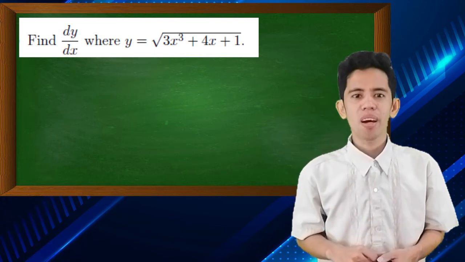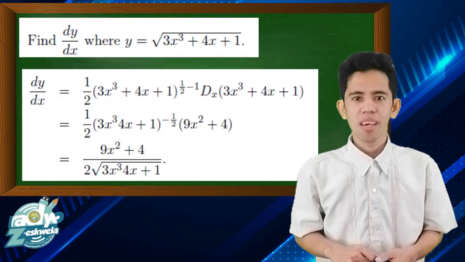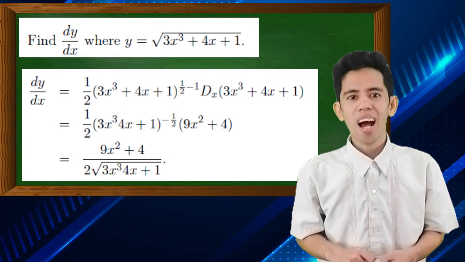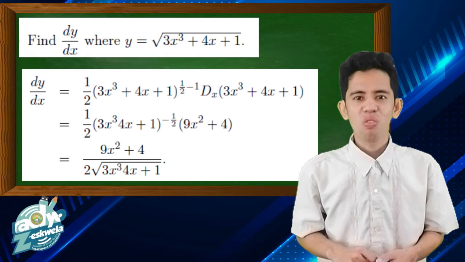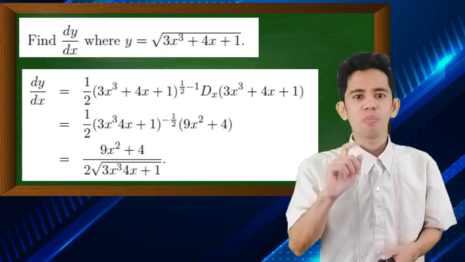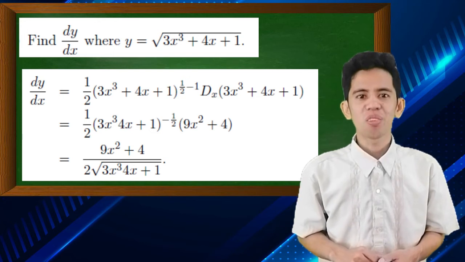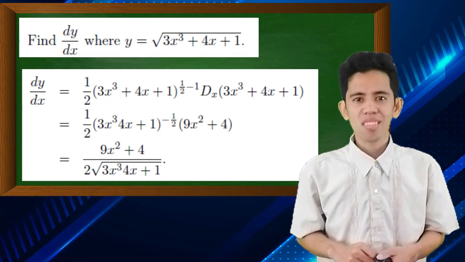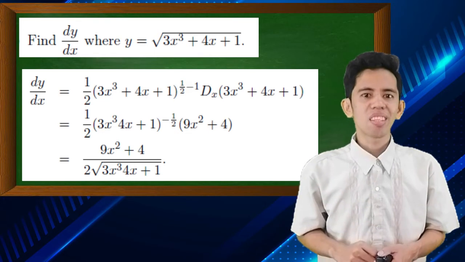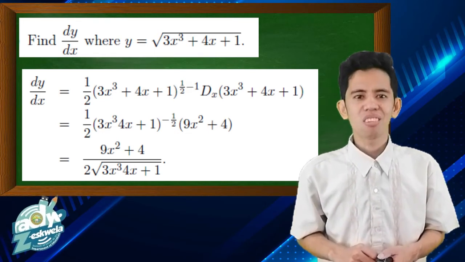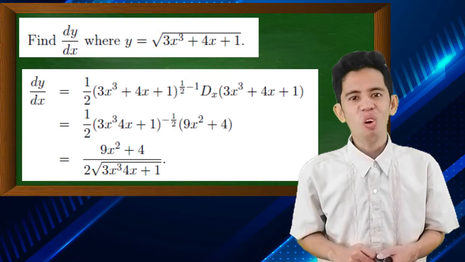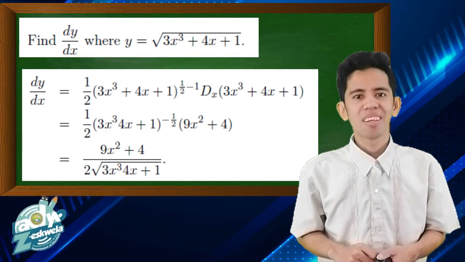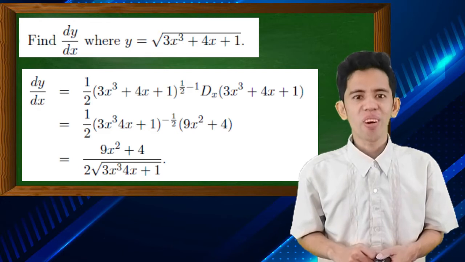Multiply both sides by d over dx, and we have dy over dx is equal to 1/2 times 3x cubed plus 4x plus 1 to the power of 1/2 minus 1 times derivative of 3x cubed plus 4x plus 1, is equal to negative 1/2 times quantity of 3x cubed plus 4x plus 1 to the power of negative 1/2 times 9x squared plus 4.